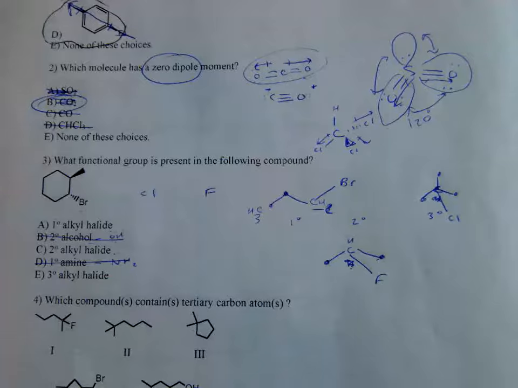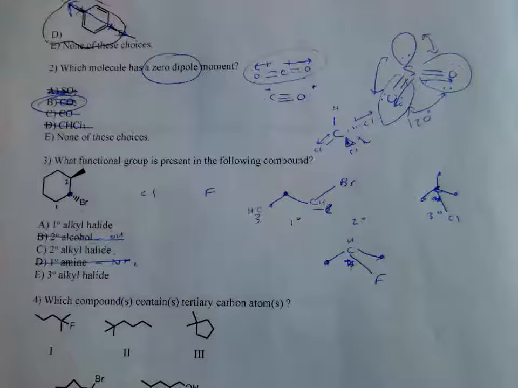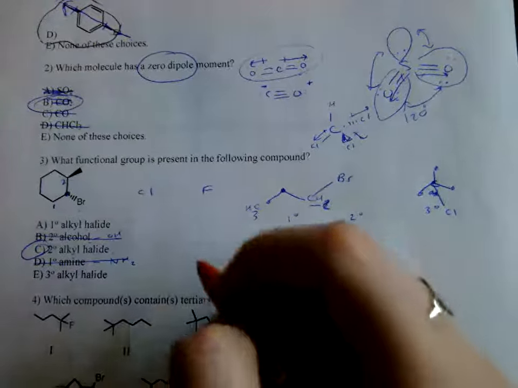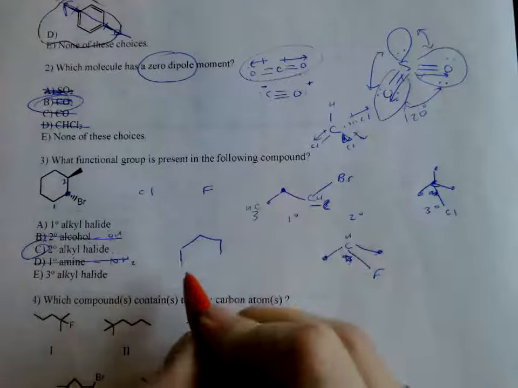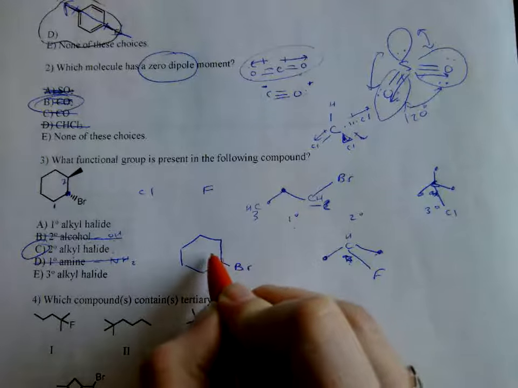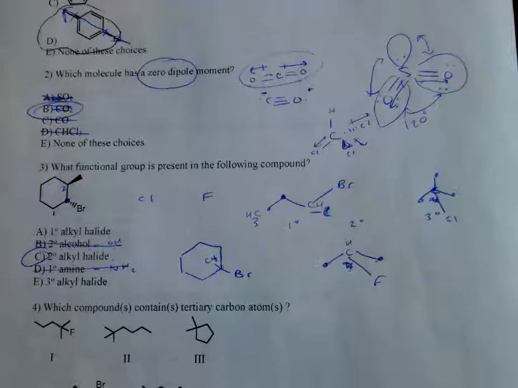So you're looking to see how many carbons the carbon it's attached to is bonded to. Here's our bromine, here's the carbon it's attached to. How many carbons is that bonded to? 1, 2. So that is a secondary alkyl halide, so your answer choice is C. Now, if you had this structure with a bromine here and a CH3 group inside the ring, that would be a tertiary alkyl halide.